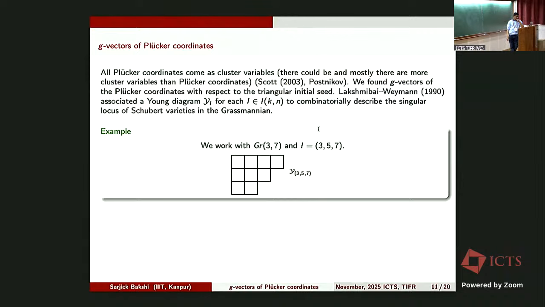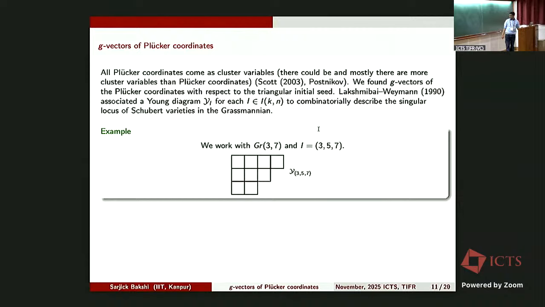So for that, we go back to a description of an association given by Lakshmibai and Weyman. They were interested in finding the singular locus of Schubert varieties in the Grassmannian. I was lucky to learn this from Lakshmibai herself.